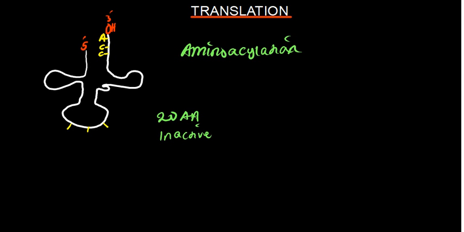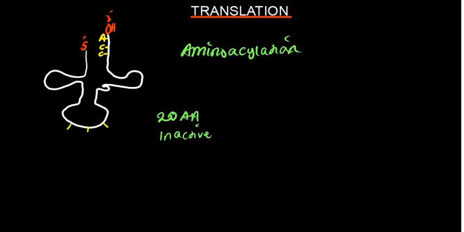Meaning that if the ribosomes read a triplet code of the mRNA sequence, that is going to send a signal for a particular amino acid to be picked to come to the ribosomes. So one codon will be read, then one amino acid has to be picked from these 20 which are in the cytoplasm. We are saying here that they exist in their inactive form, so they have to become active.